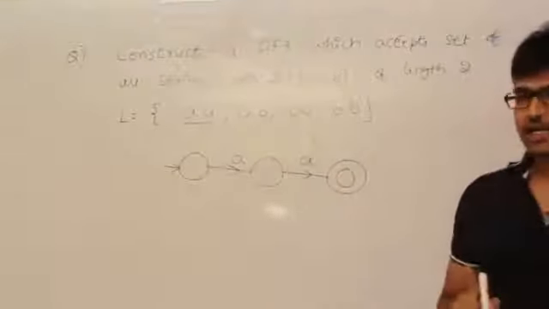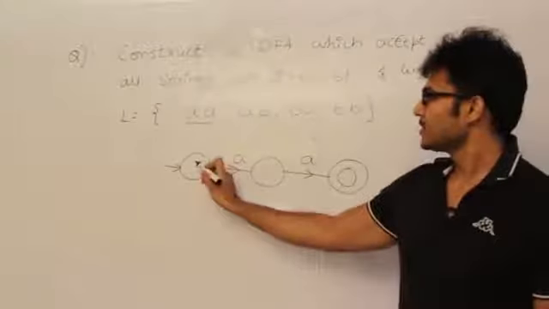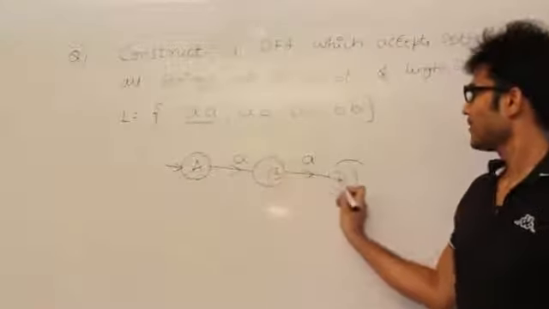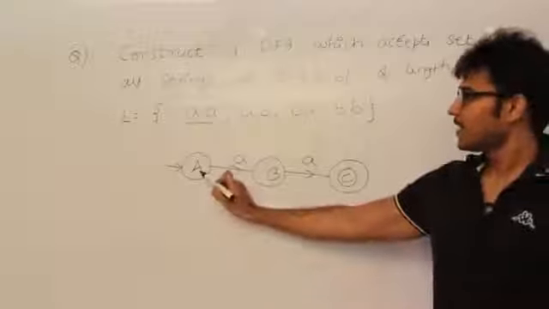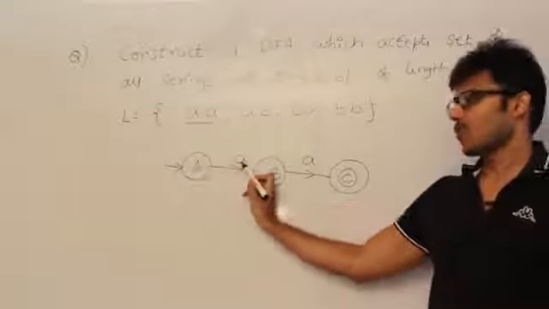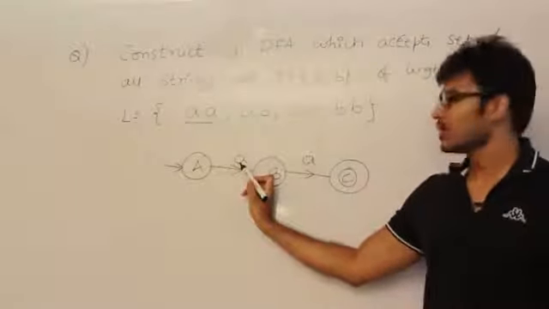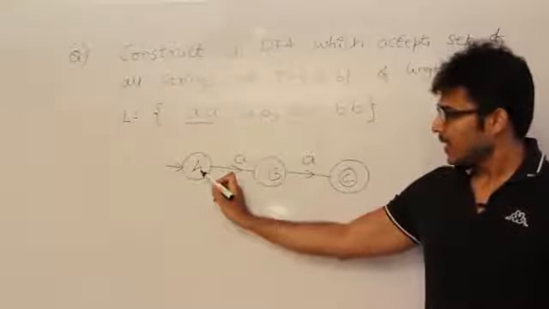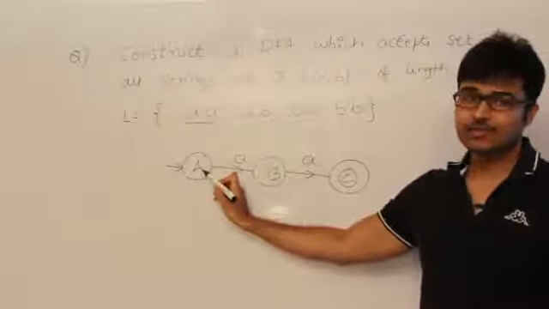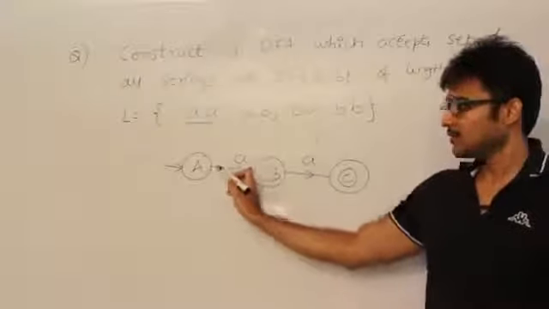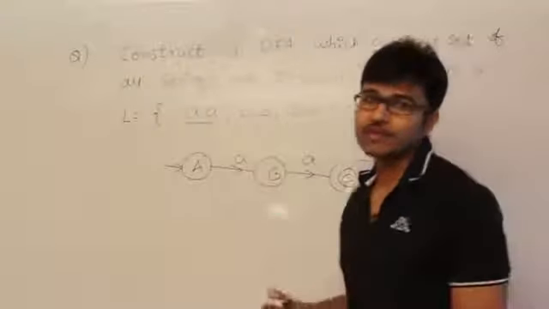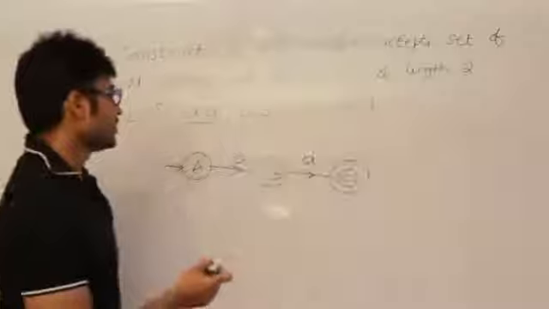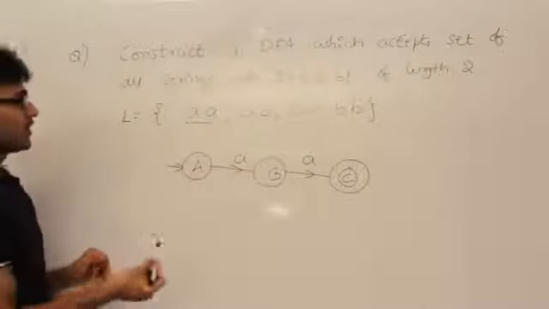This is actually not a DFA, because if I look at states A, B, C, we have given the transition on small a, but in state A, what happens if you see small b? We didn't give any transition for small b, so it is not a complete DFA. Therefore, you just give one more transition on b.